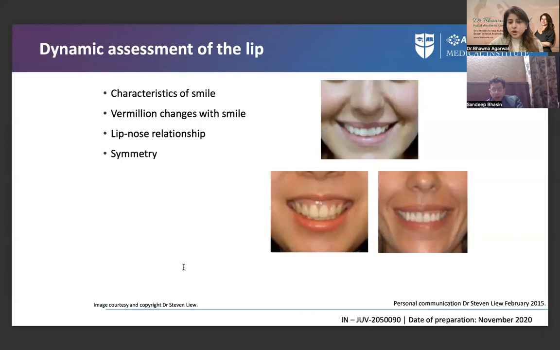They smile in a way that the smile becomes asymmetrical like this. They are not aware because they're so used to it. So check for any asymmetries while smiling. At rest, there might not be any asymmetry, but during the smile, that asymmetry might crop up.